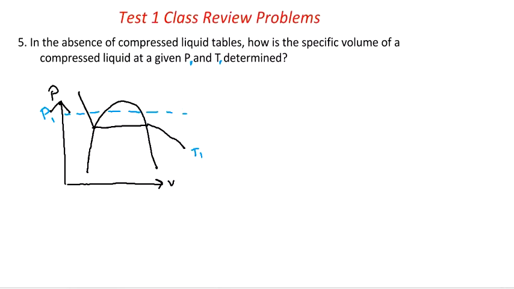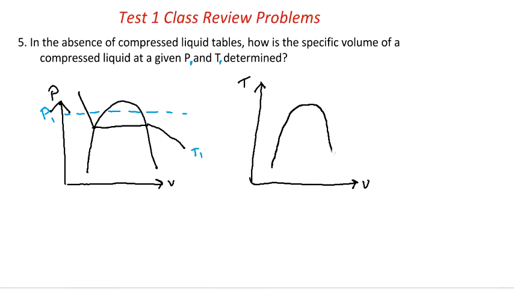Let's also set up a TV diagram, because presumably we're going to have to focus on either the temperature or the pressure. We can't use both of them the way they are right now. This is our P1.